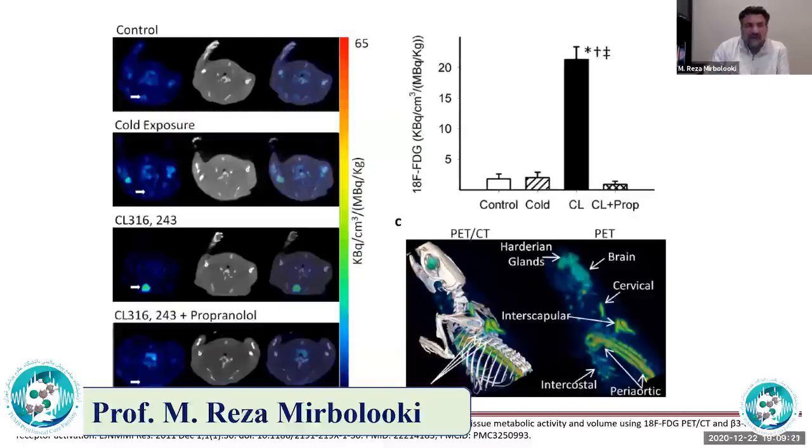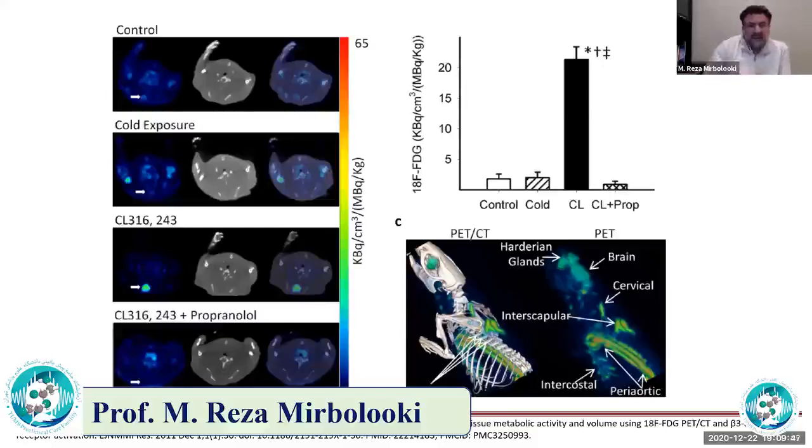So I used male Sprague Dawley rats, and I had a group of these rats exposed to the cold temperature, about 8 degrees Celsius, for about 2 hours before the PET imaging scan, and another group I injected with the CL316, and then did a PET CT scan on them.